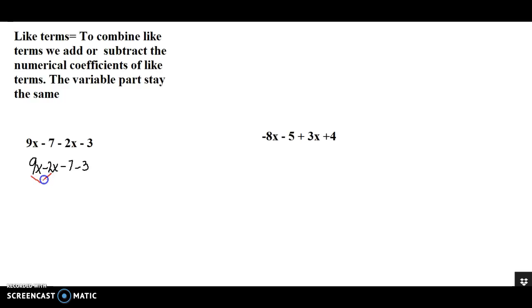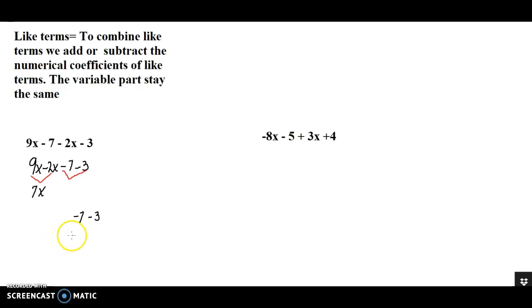Combine these two together. And 9 minus 2 is 7. And it would be 7x. Now, when I combine these two together, the symbol goes with the number. So what that is implying here is we are looking at a negative 7 minus 3.